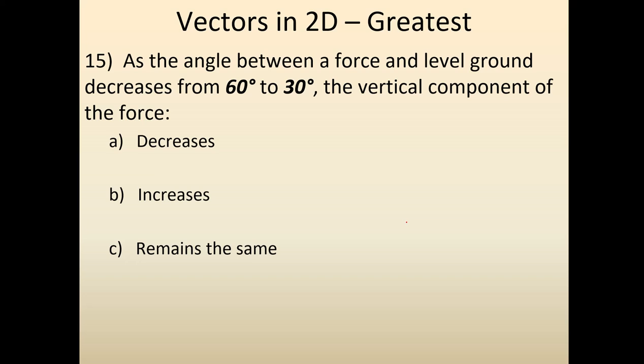All right, here's the next question. Pause the video, work on it yourself, and we'll go over it in a second. All right, so this is going back to the idea of the components, but also relating it to these different angles. So my best recommendation is to draw this out, and to draw it much more obscure.